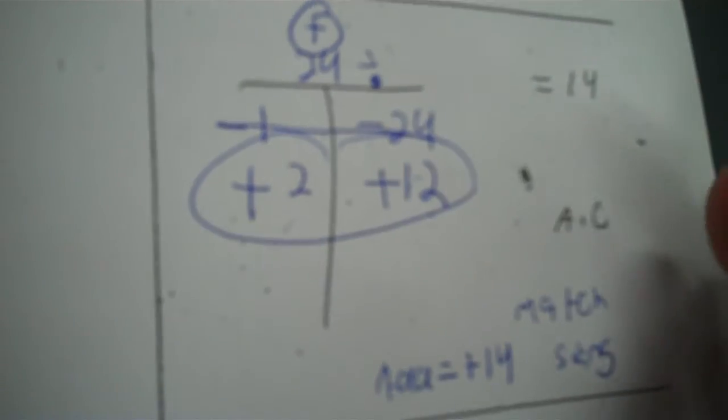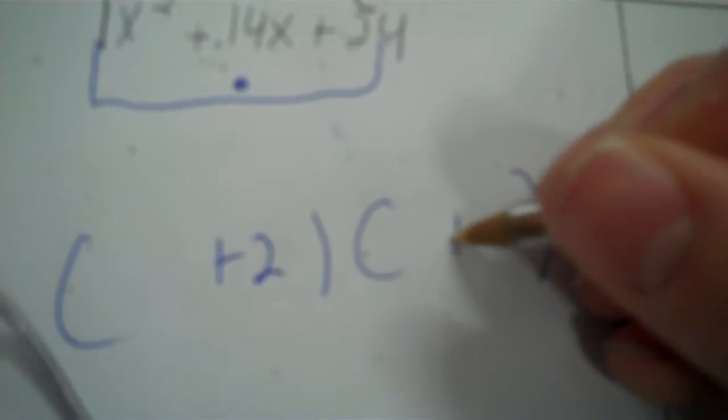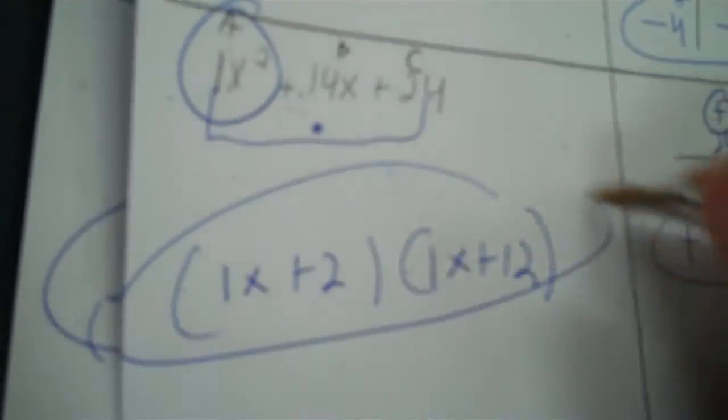Okay, it's the right number, it's just the wrong sign, so I just go in and make the signs opposite, okay? And then that adds up to positive 14. So, you then put plus 2, plus 12, then 1x second, so xx, and then 1, 1.